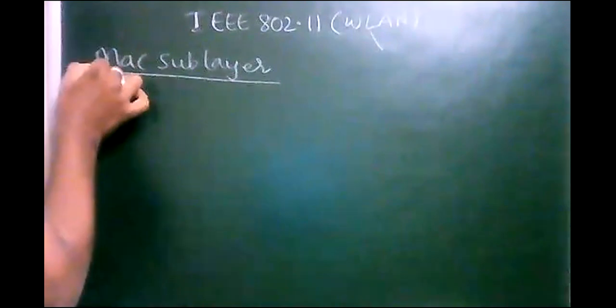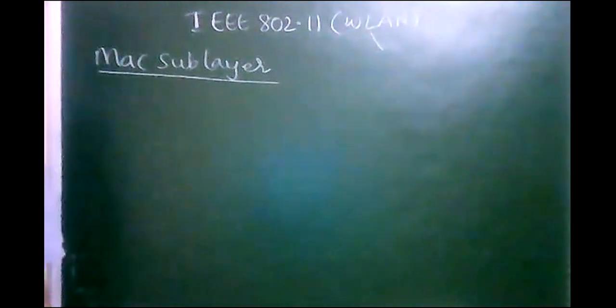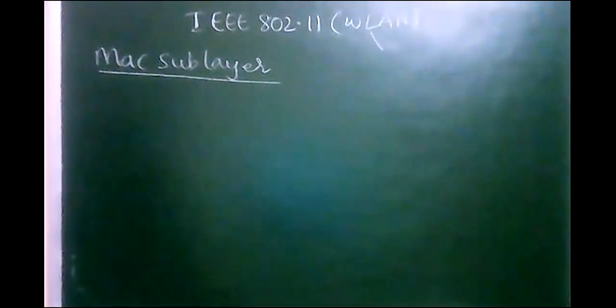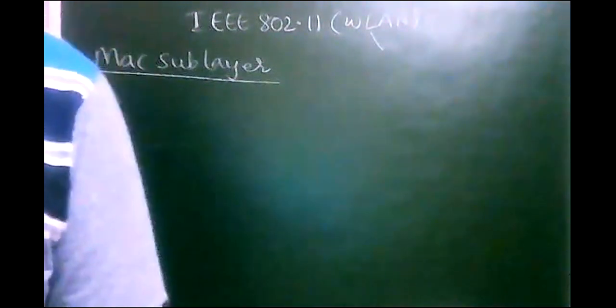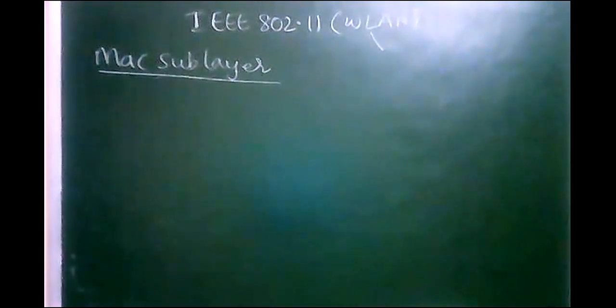So what does it define? The MAC sublayer is what makes your stations or systems identified in the network with a unique number, that is called a MAC ID or MAC number.